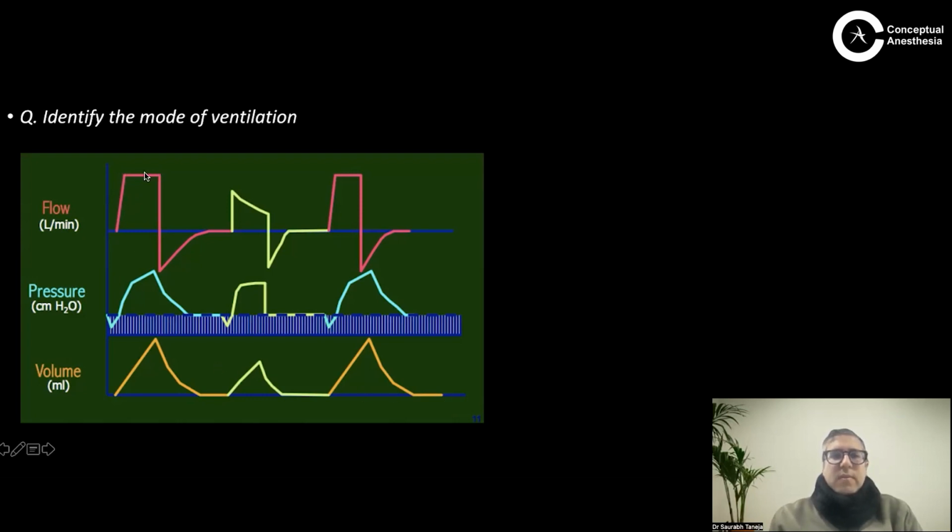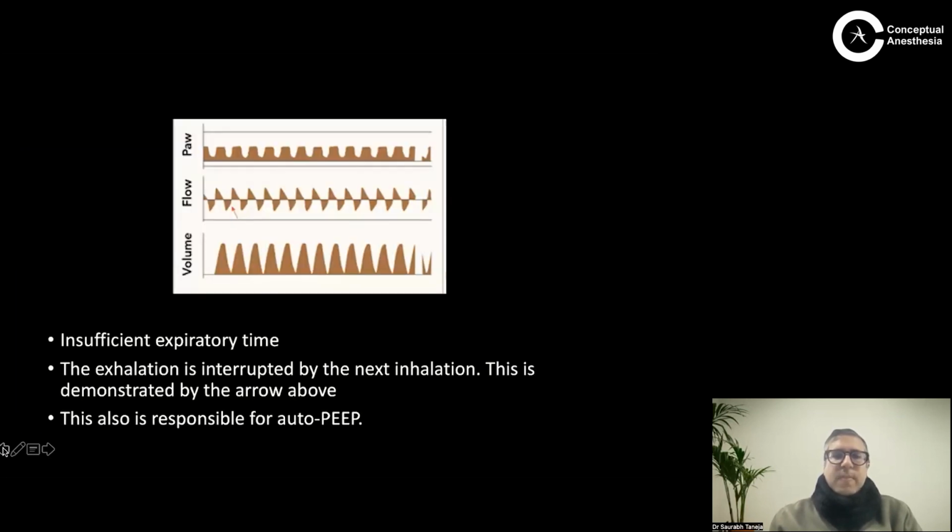So we identify the mode by seeing the square wave pattern. Flow and volume are taken as surrogates: in patterns in which flow is a square waveform, that is volume controlled. And previously, as I had shown you, here the pressure waveform was square, that is pressure controlled.